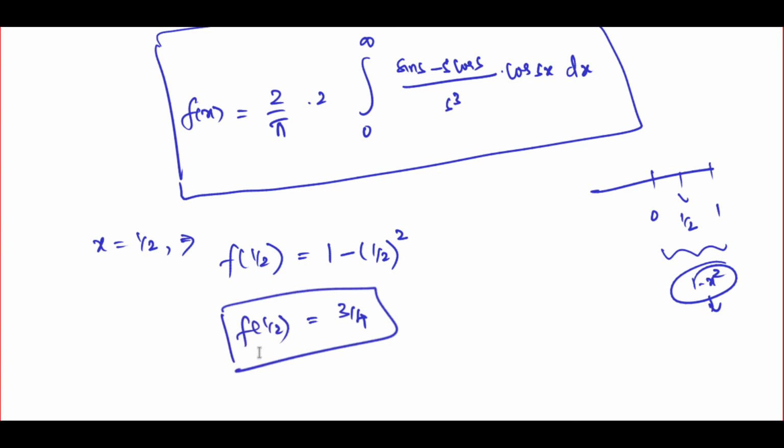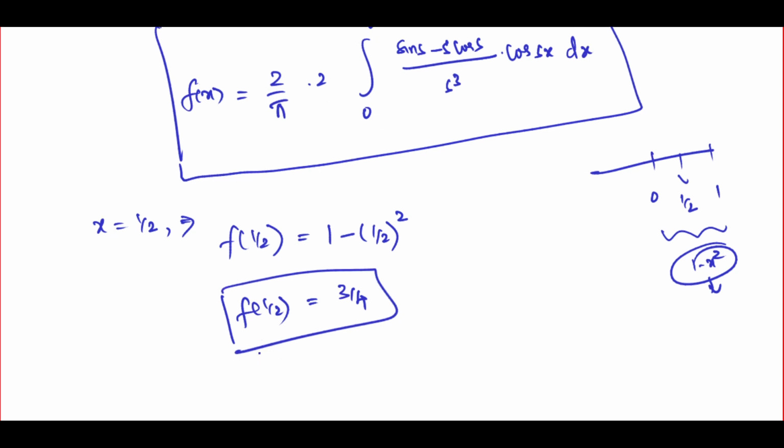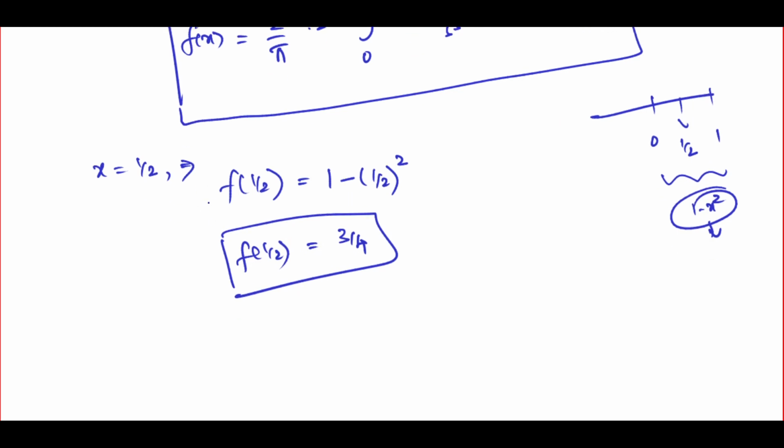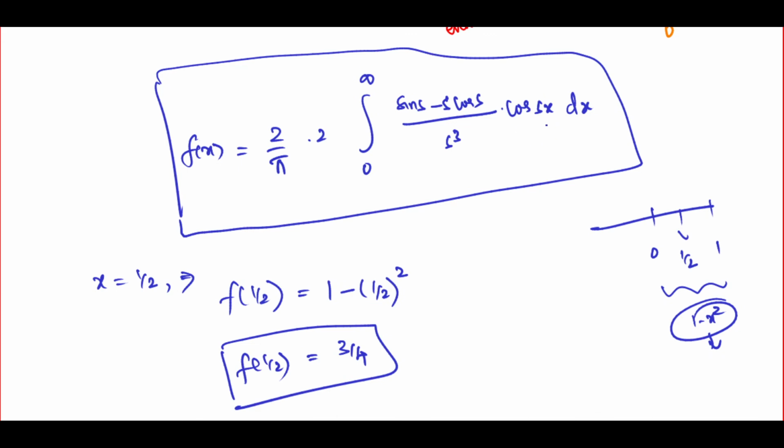Okay, fine. And the right hand side, what about the right hand side? In the right hand side, you see that there is only one place where there is an x value. If you replace that by 1 by 2, you will get cos s by 2. That's all.